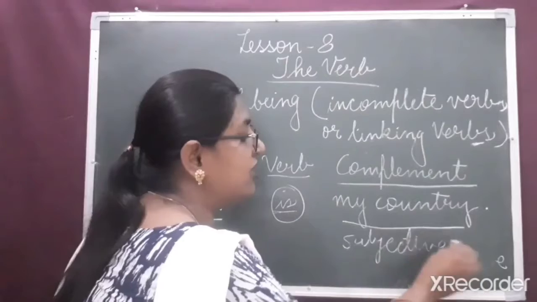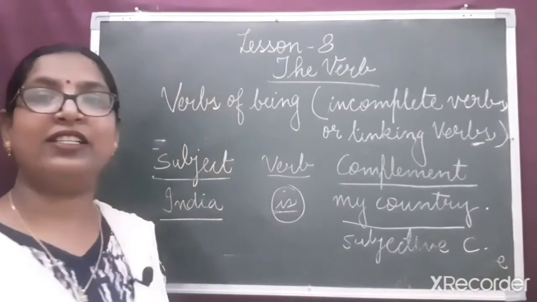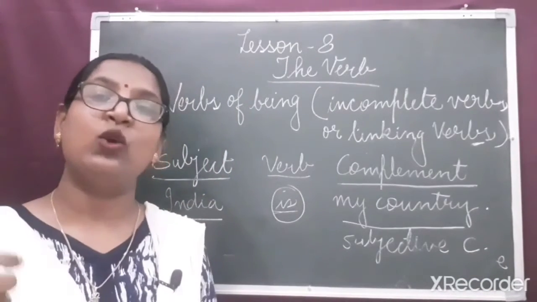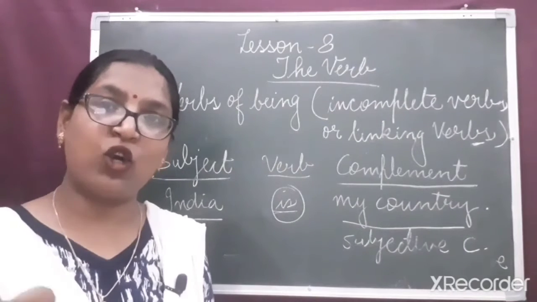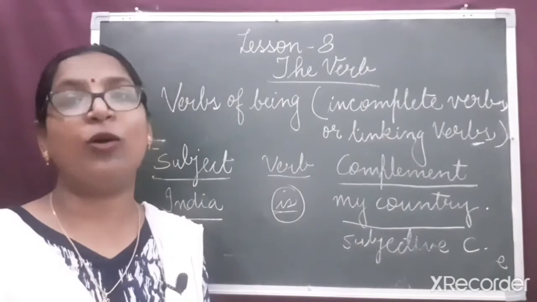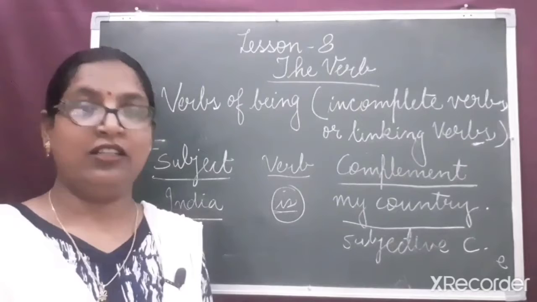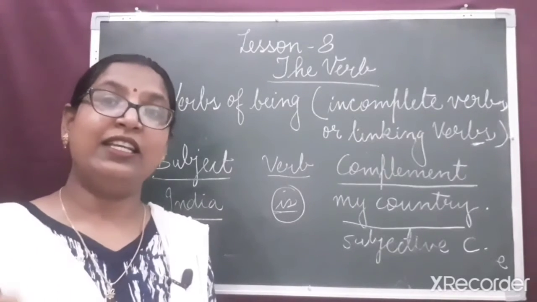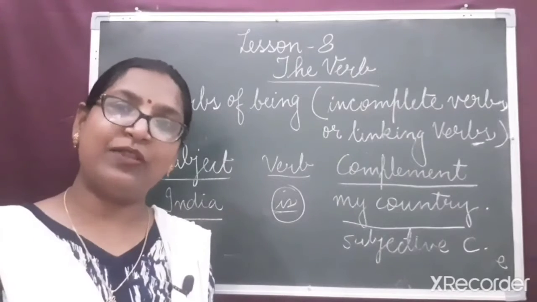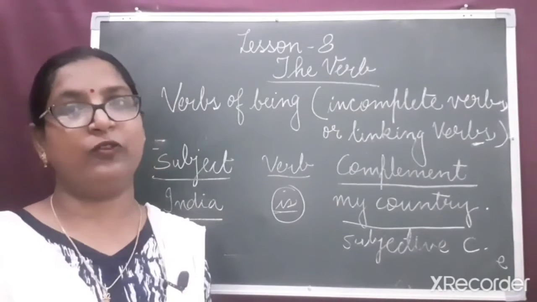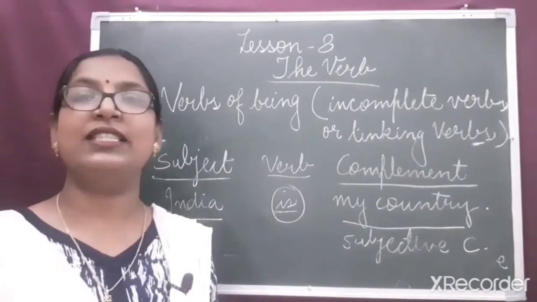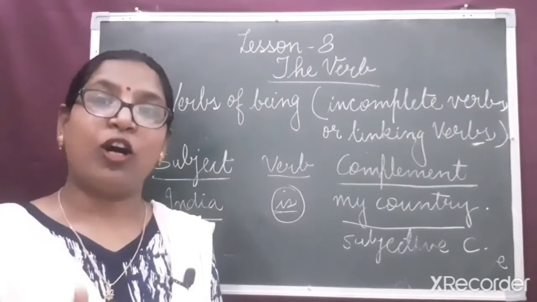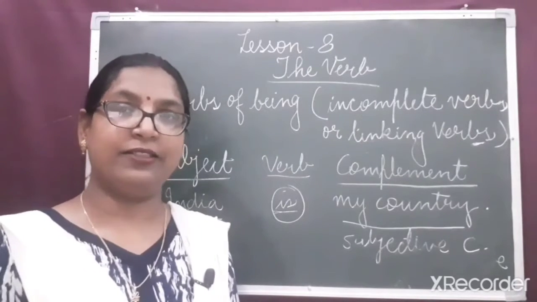And in a sentence, when the complement refers to the object of the verb, I will give you the example further. When the complement says something about the object of the verb, it is known as the objective complement.